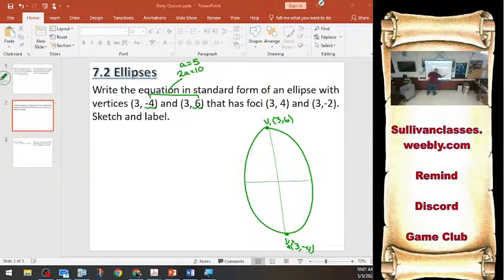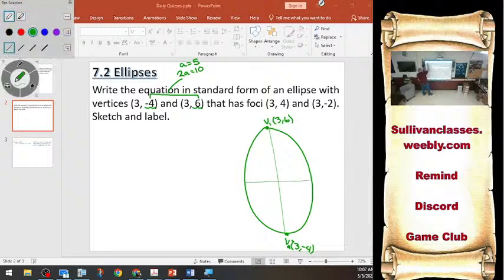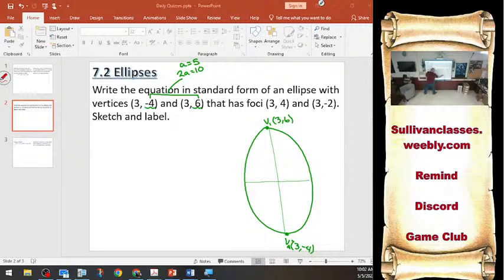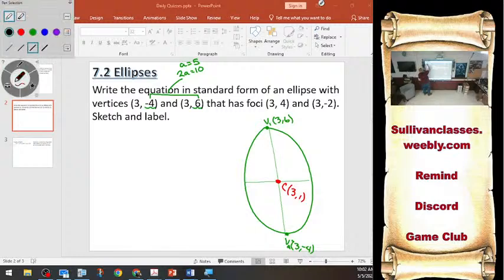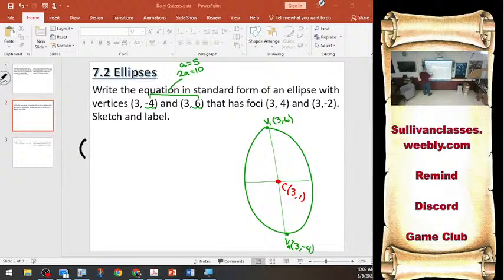This thing's a little sideways. So, find your midpoint. Going to have a center of 3, what? Yep. Already that gives me enough information for x minus thing squared plus y minus thing squared is 1 over.